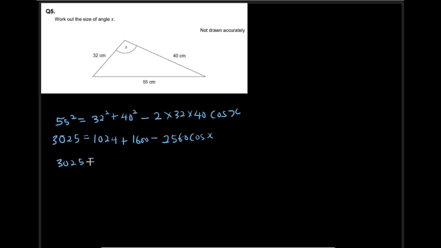Alright, so moving on, we're going to have 3025 equals 1024 plus 1600, which is 2624, minus 2560 cos x.